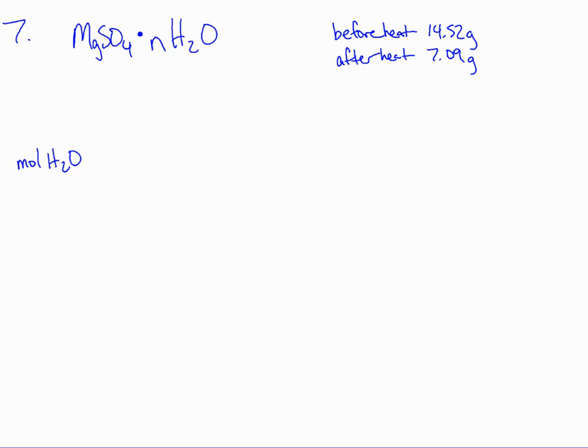If we look at the difference in these two numbers up here, the difference is water. So we have 14.52 and we have 7.09. This is how much water we have. This is how much water boiled off of this crystal. It's just the difference between the compound with the water and the compound without the water.